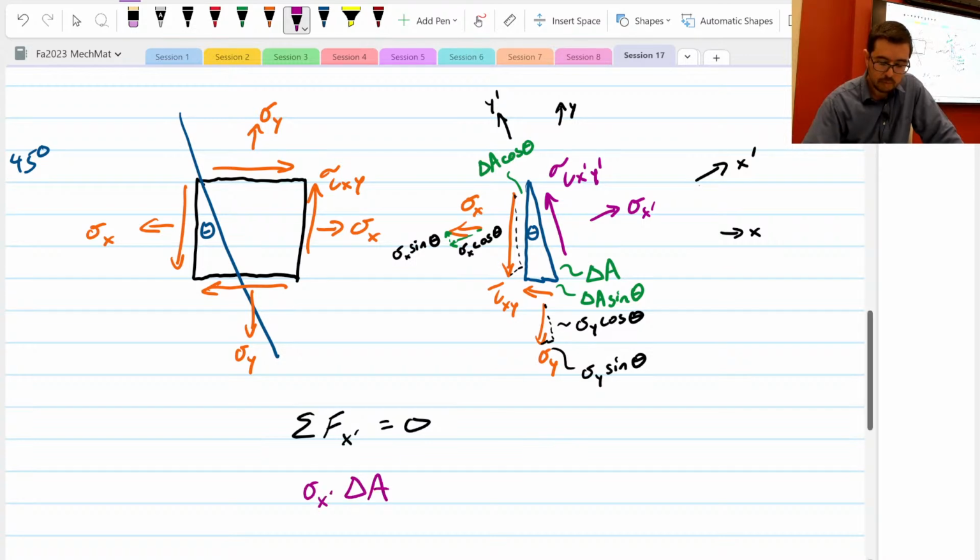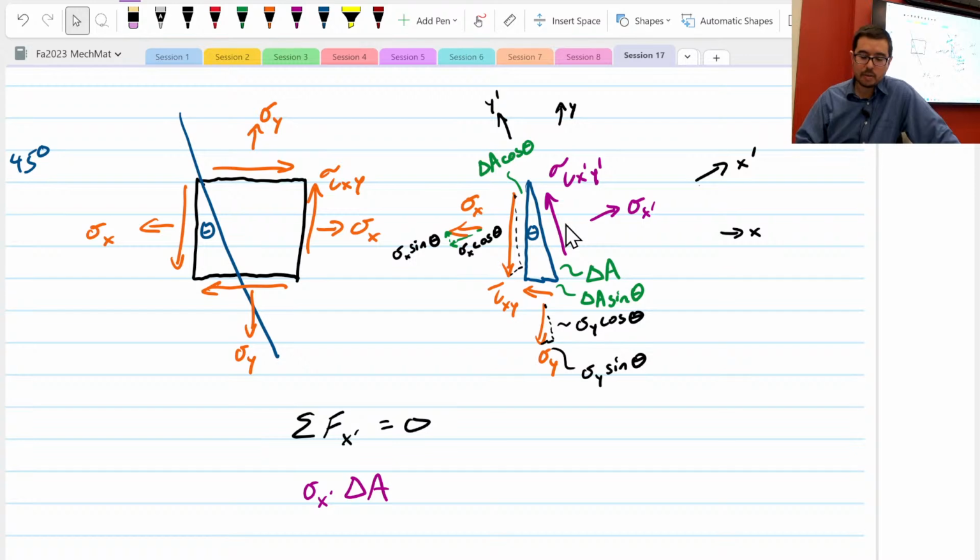Sigma x prime times delta A. Does tau x prime y prime contribute anything in the x prime direction? No, it doesn't, because it's orthogonal to it. It's in the y prime direction. So that's gone.